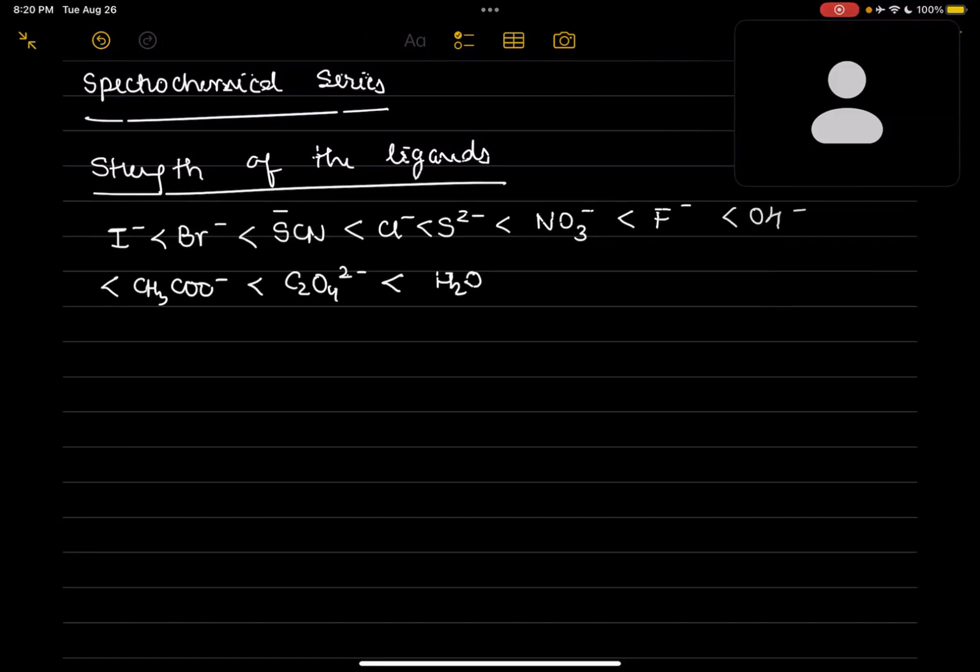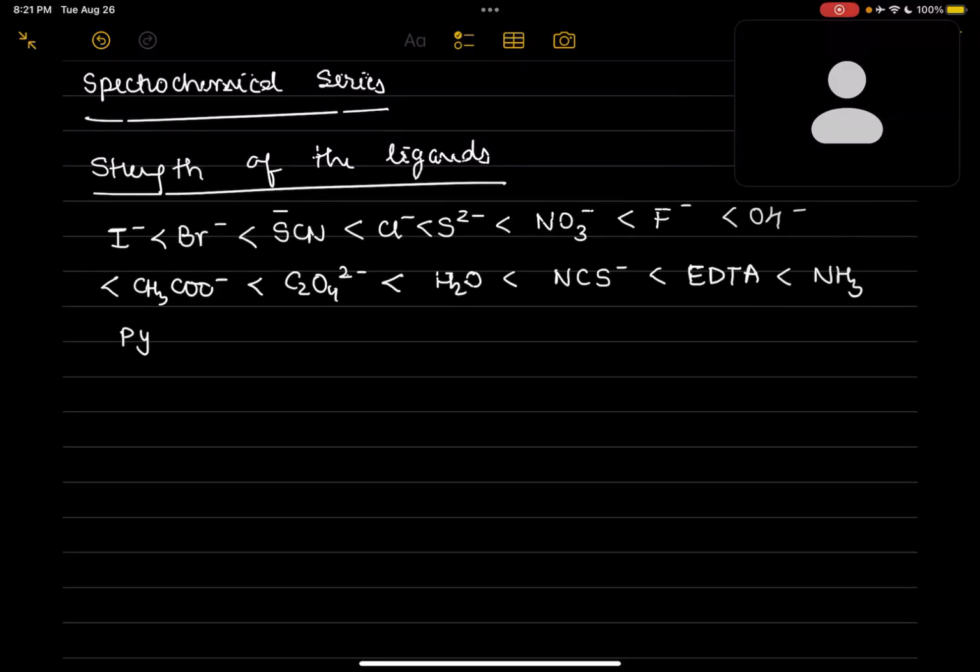And after water, you will start with nitrogen containing ligands, which are strong ligands. Generally, they are considered to be strong. NCS, EDTA, NH3, PY.